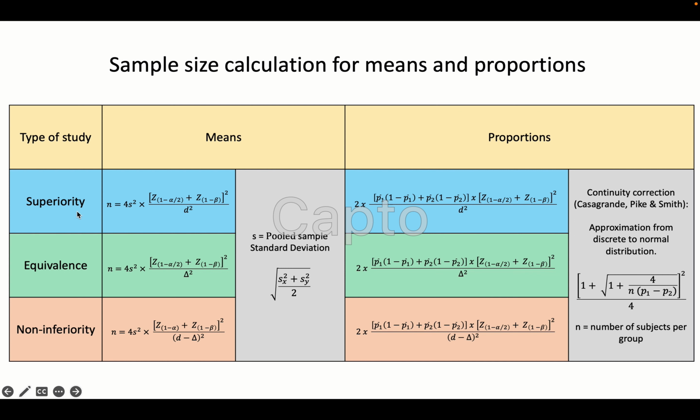You have the superiority design, the equivalence design, and the non-inferiority design. You will see that they are very similar. I would like to focus today on the superiority trials, but the purpose of this slide is that all these equations are really similar to each other.